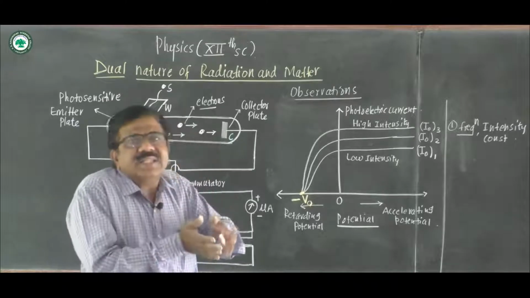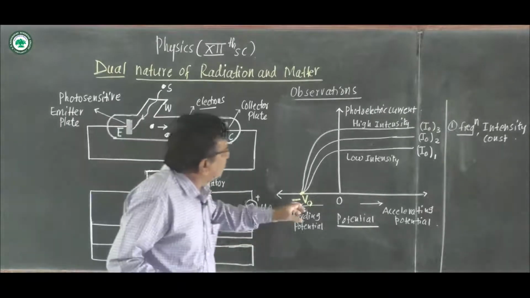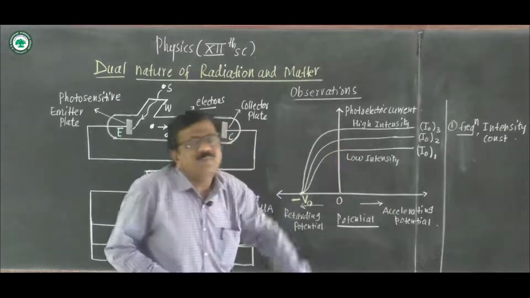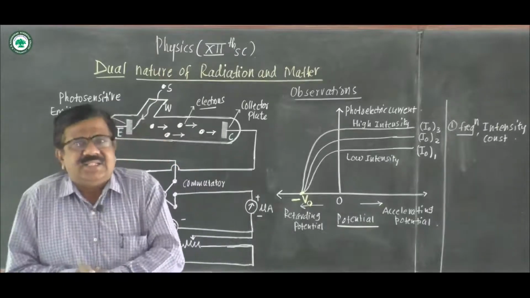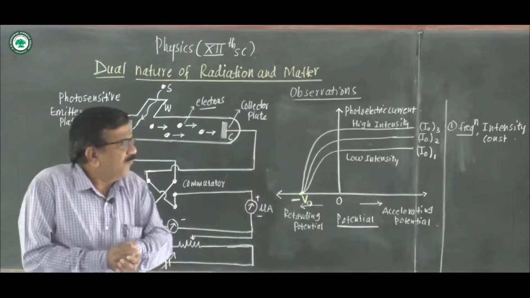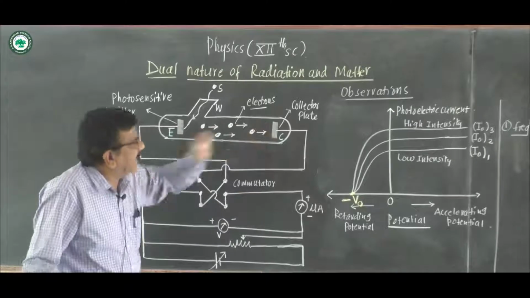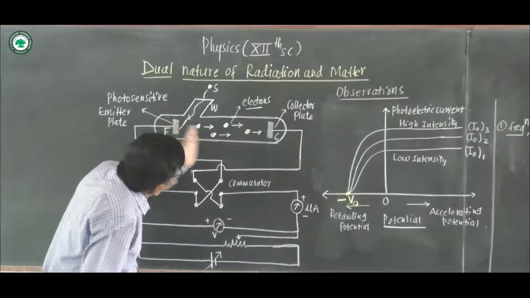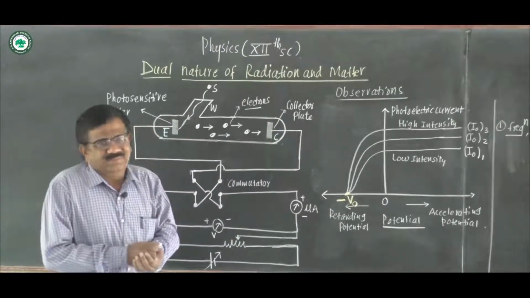Photoelectric current increases with increase in this positive potential. With this increase, at a certain value of positive potential given to this collector, all the electrons emitted by the emitter are collected by the collector.